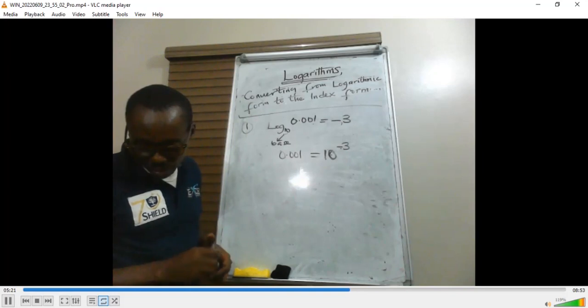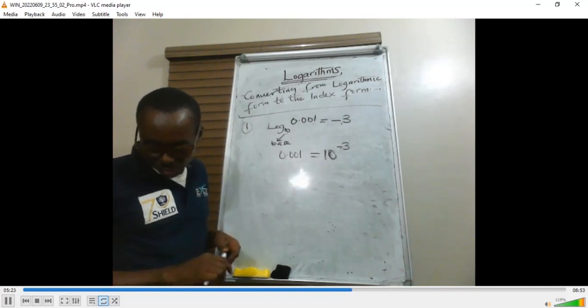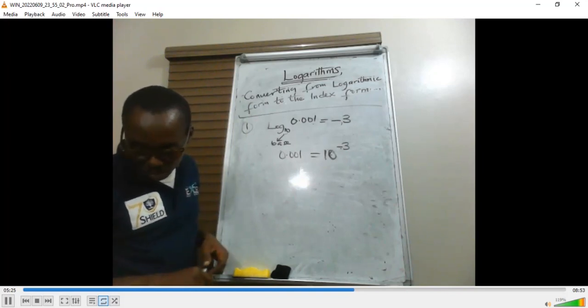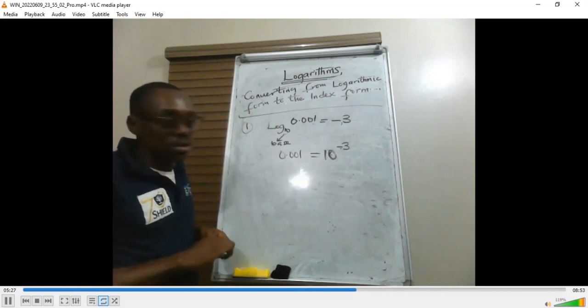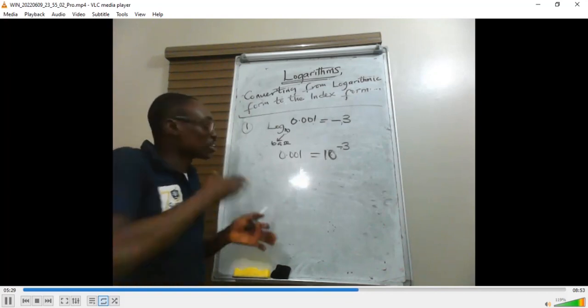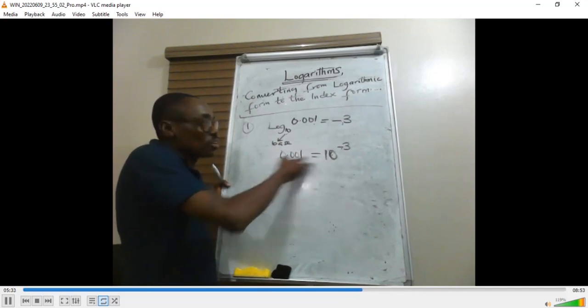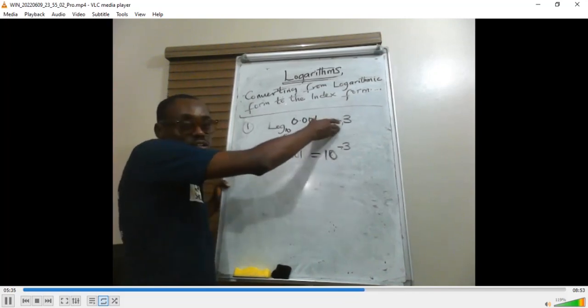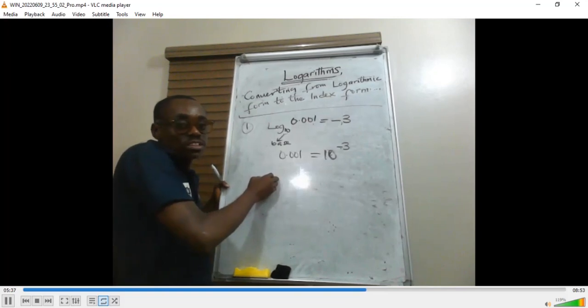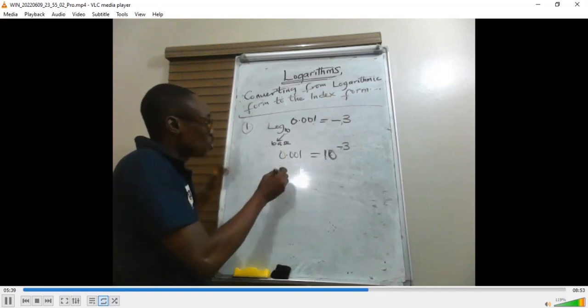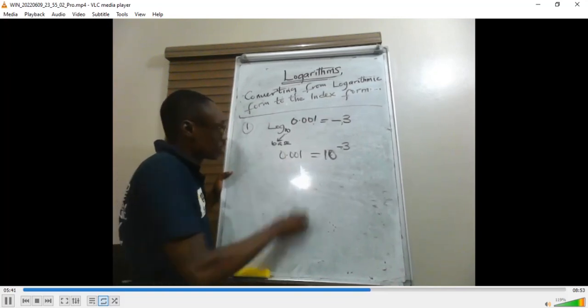Okay, so let me solve one in which the log is actually on this side. The number standing alone is on the left hand side, while the log is on the right hand side.